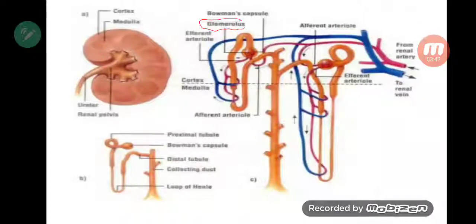It passes through the proximal convoluted tubule and Bowman capsule, distal convoluted tubule, collecting duct, loop of Henle, and filters the blood and excretes urine.